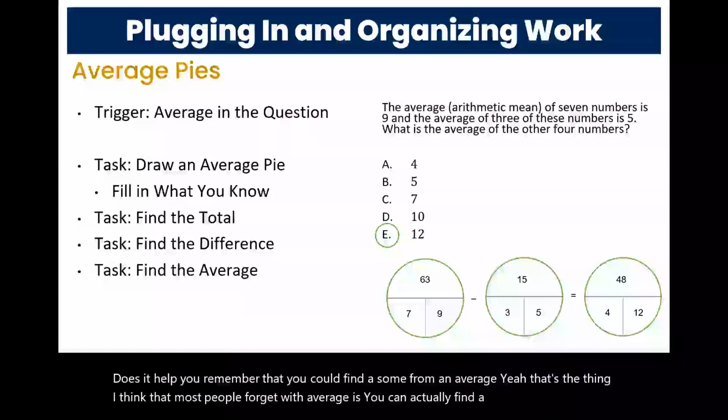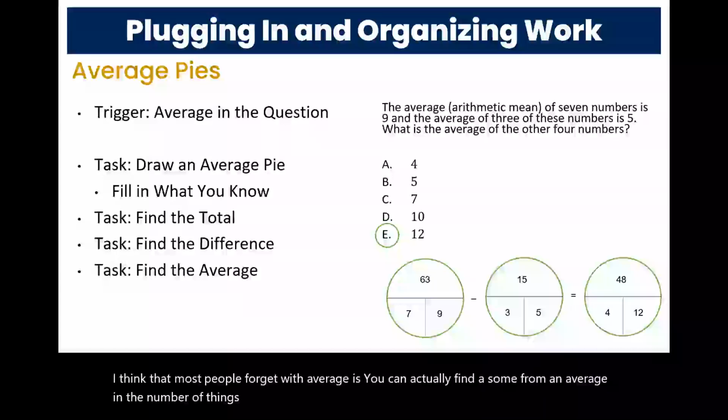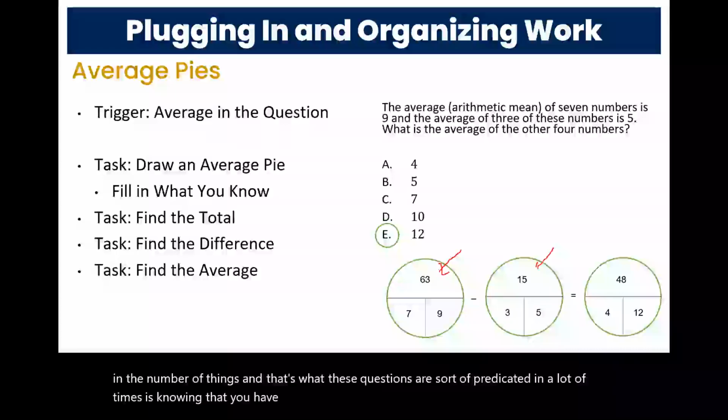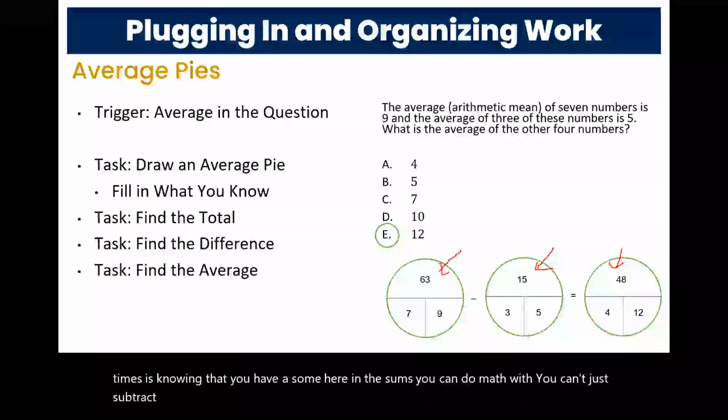These questions are often predicated on knowing that you have a sum, and then with sums you can do math. You can't just subtract the 2 averages, because 9 minus 5 does not equal 12. It's a little counterintuitive, but if you remember that the sum is there, there you go.